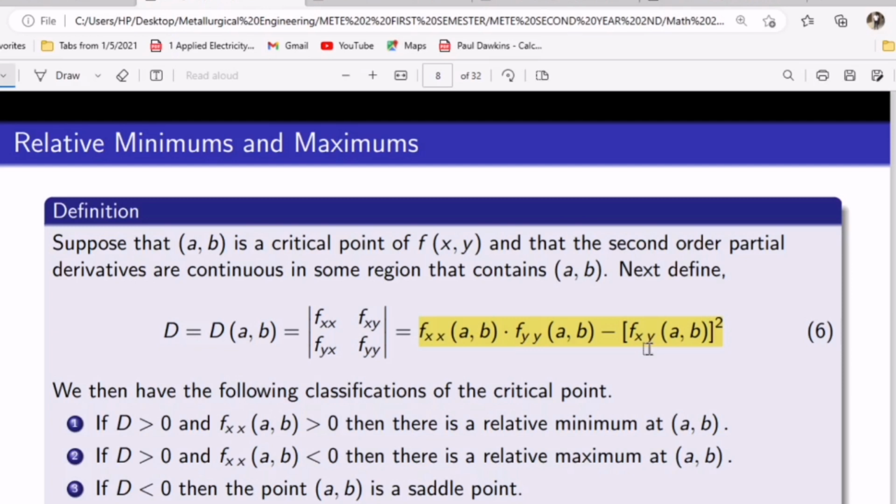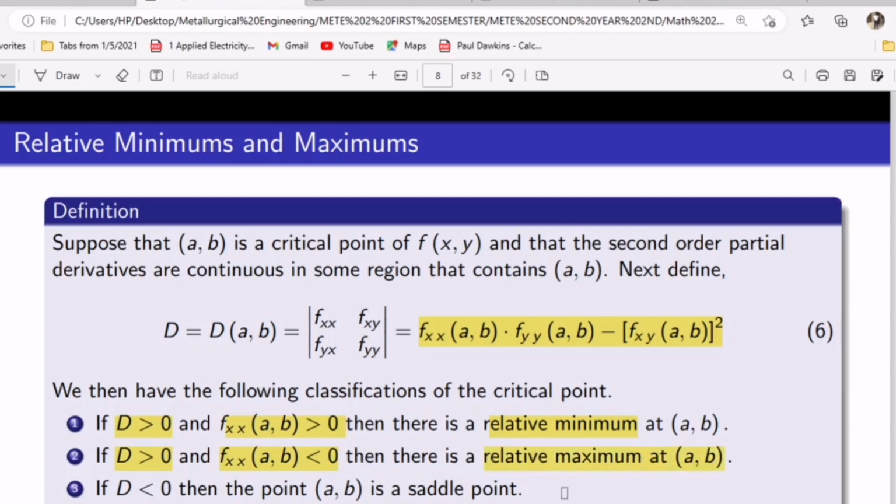In this case, for the value that you get, if the D that you have is greater than 0, and f_xx is also greater than 0, then there is a relative minimum. Let's note that. And if you find D and D is greater than 0, and f_xx is less than 0, then it is a relative maximum at (a, b).